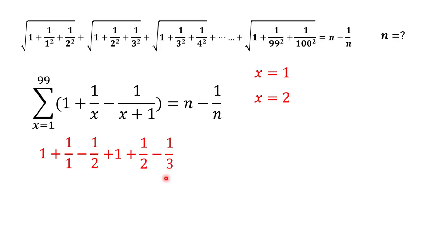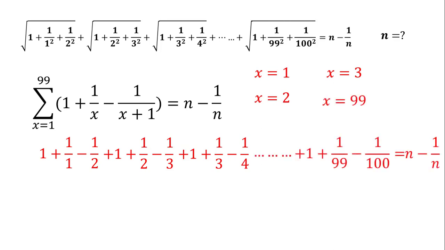If I replace x by 3, I get 1 plus 1 over 3 minus 1 over 4, and if I replace x by 99, I get 1 plus 1 over 99 minus 1 over 100. That is equal to n minus 1 over n.